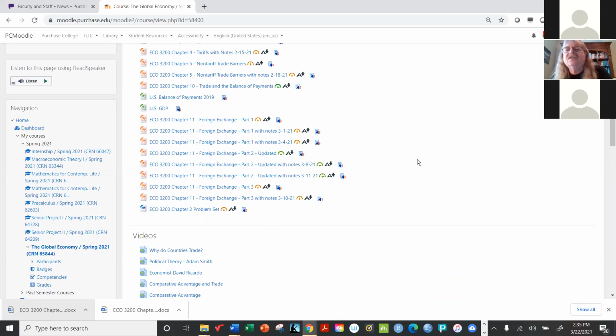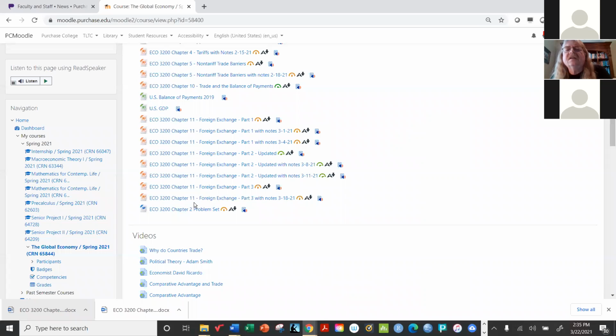Professor? Yes, go ahead. So for the format of the midterm, should we expect it to be the format of the problem sets? Are they going to be multiple choice? Well, the sample midterm will be very similar to the actual test. So that's when you'll get a really good preview of what to expect. But the reality is they're very much like the problem sets anyway.